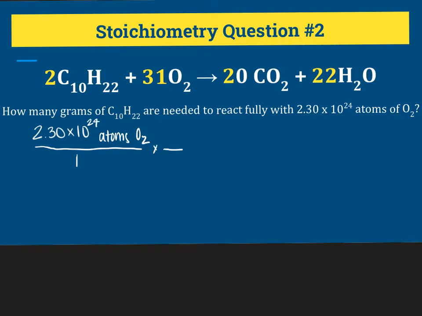When we write our next equivalent statement then, we know that we're going to have atoms of O2 on the bottom so that these units can cancel out. And if we take a look at our mole map, we know that we can go from particles to moles using Avogadro's number.